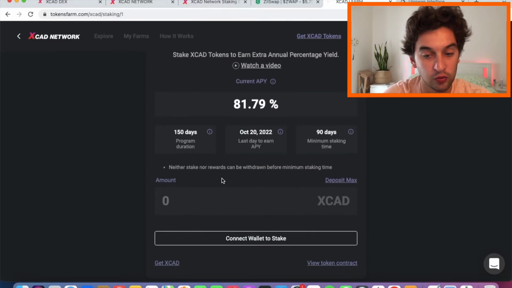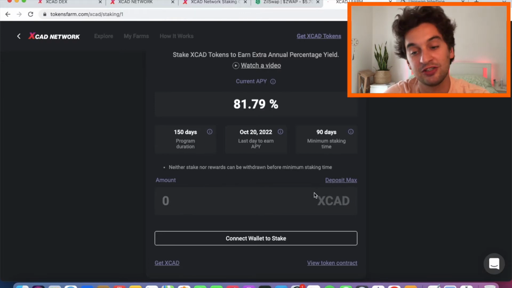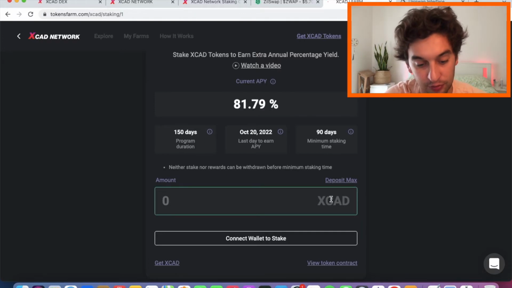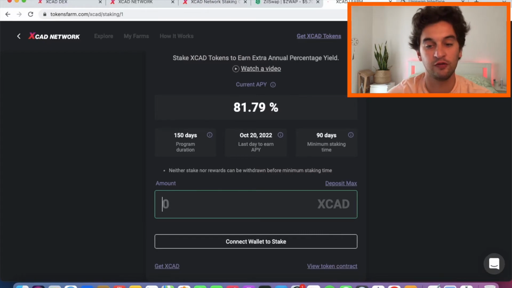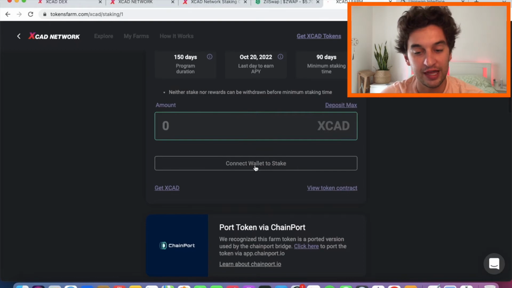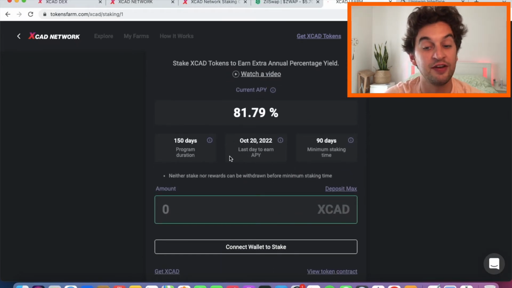Neither stake nor rewards can be withdrawn before the minimum staking time, which in this period is 90 days, the same as mine. If I did put, let's say, 100 XCAD, then I get the 81%. It does change a little bit, but it doesn't change much. You then connect the wallet on the BNB and you're able to receive 81%.